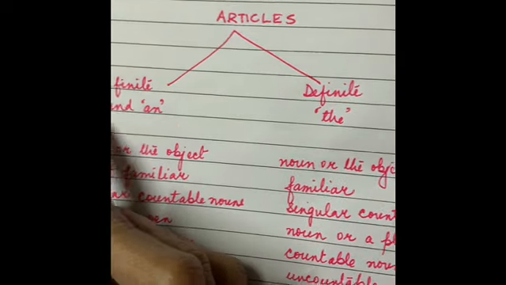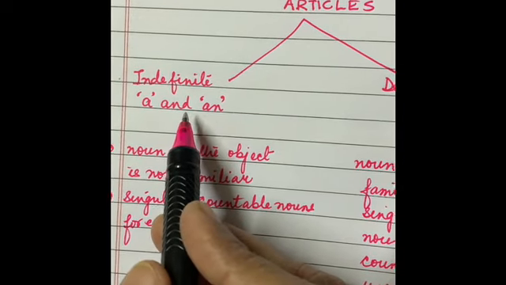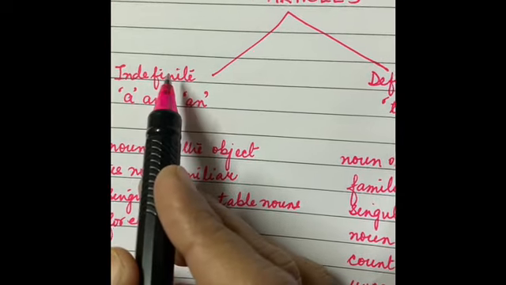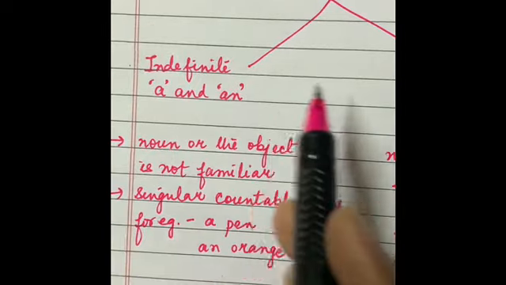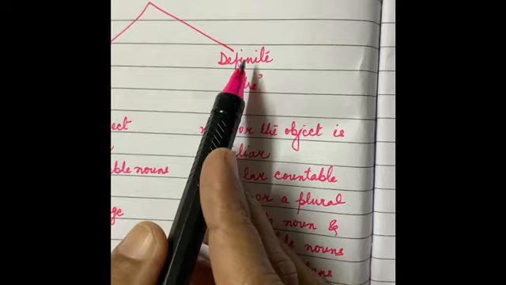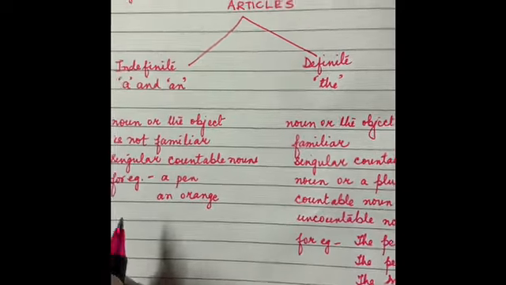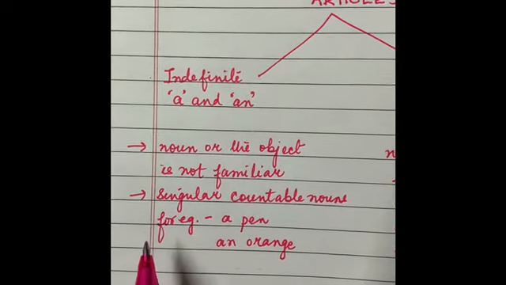Now a and an, mind you, are considered to be indefinite articles and the is called the definite article. And now what is the difference? The difference in the usage I am talking about.